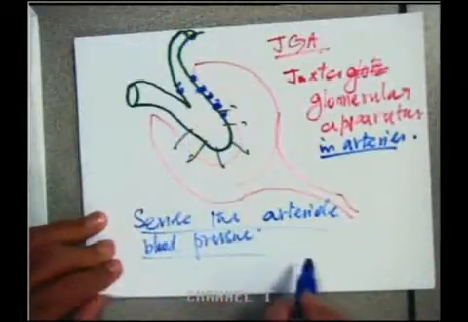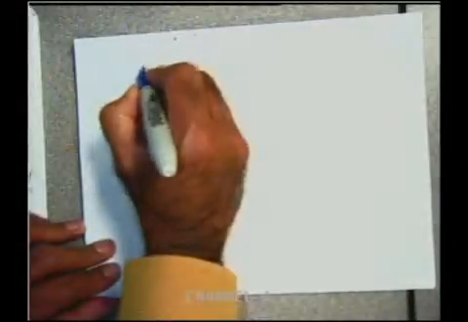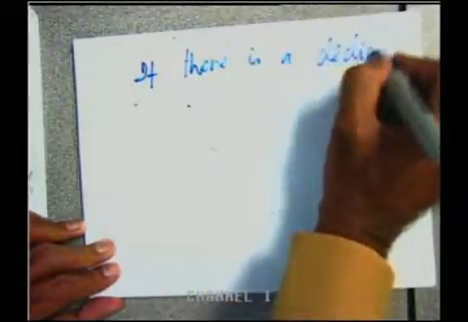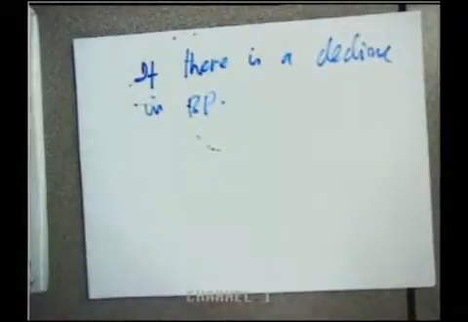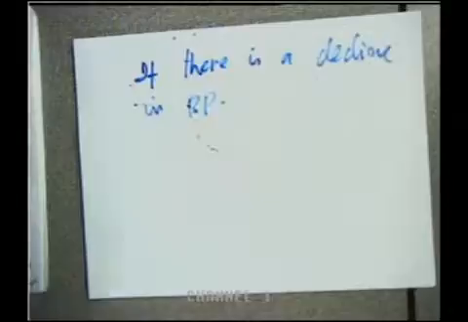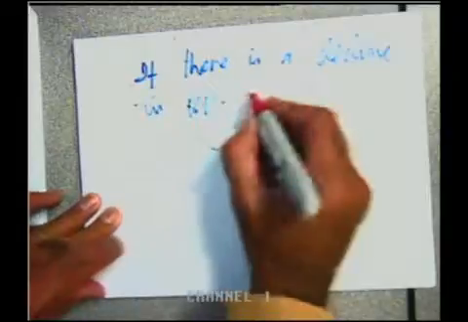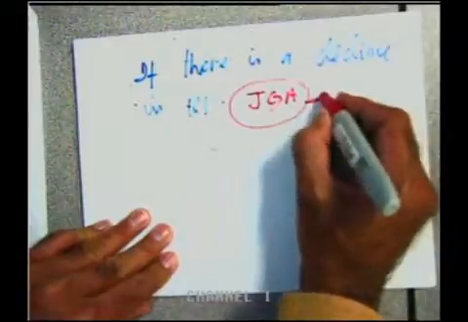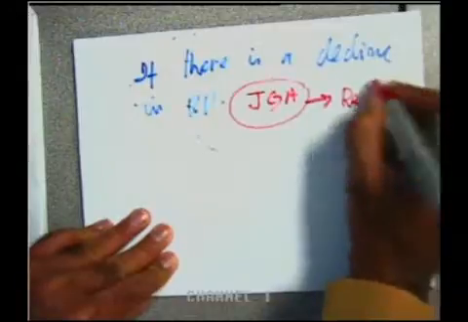When there is a decline in blood pressure, I write it in red, the JGA cells secrete a hormone, actually renin, R-E-N-I-N.